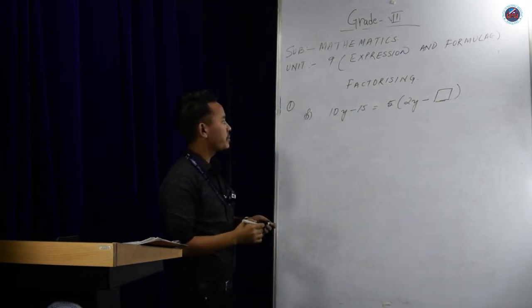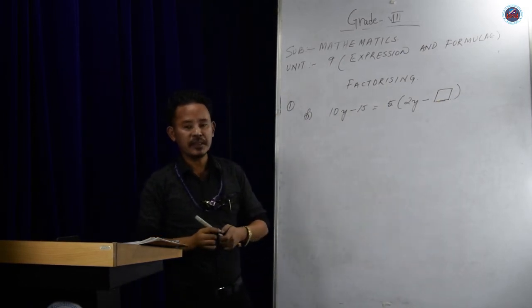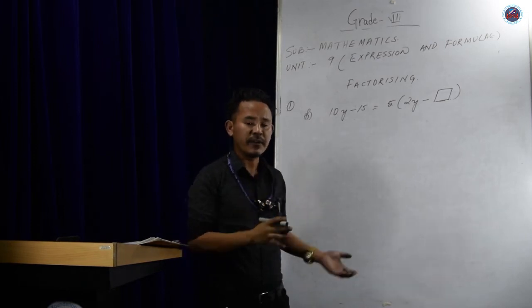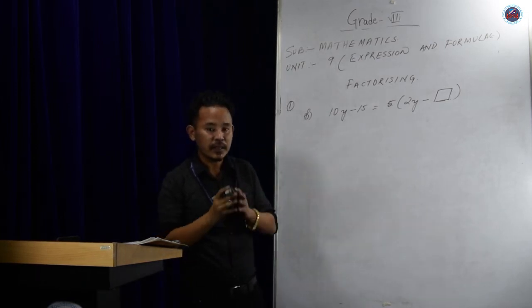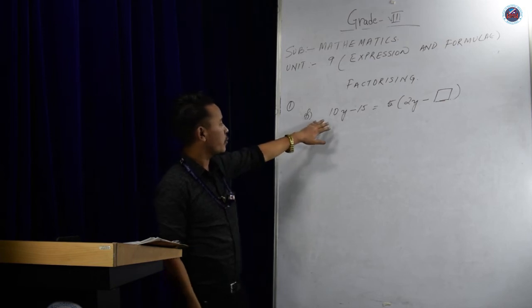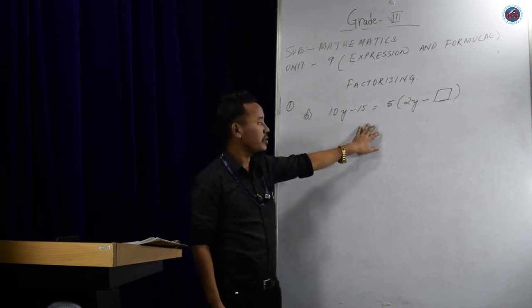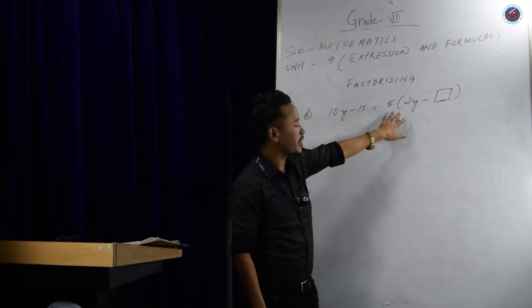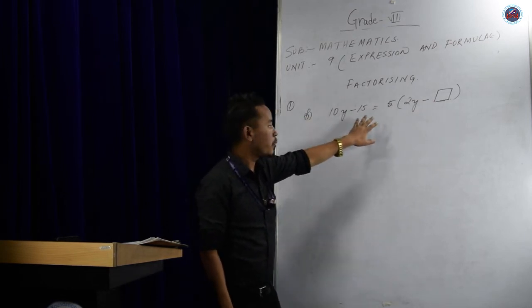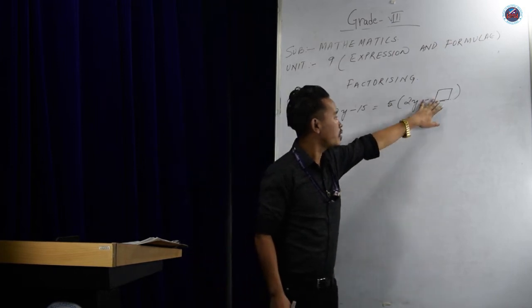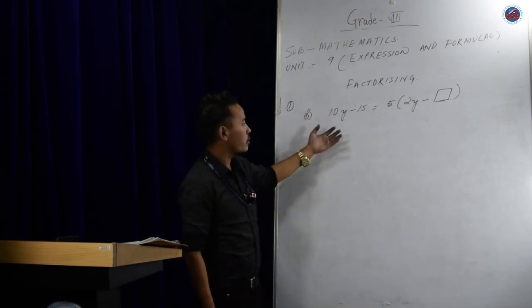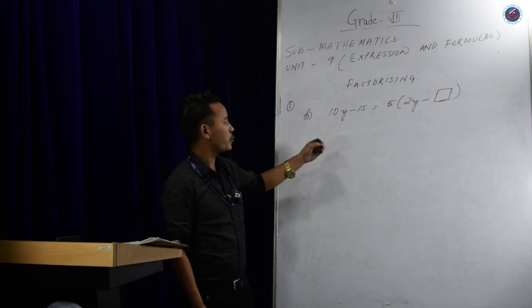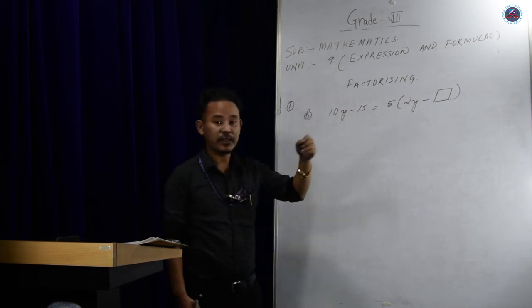As I said earlier, factorizing means we take out the common factors and then simplify as much as possible. Here the expression is 10y minus 15, and half of the sum has been done, that is 5 bracket 2y minus box. We are asked to find the value of the box, which we do not know. But when we look at it, it is very clear that 10 and 15 are multiples of 5.